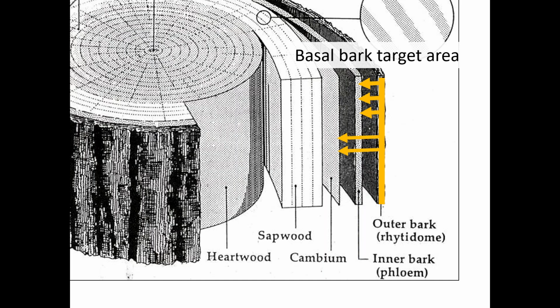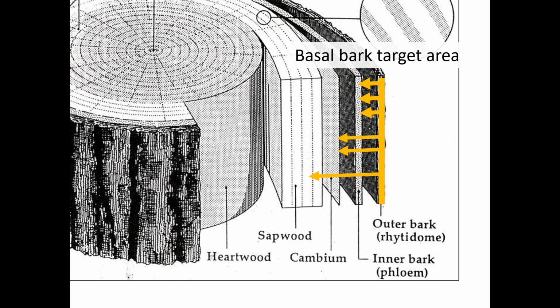It will also penetrate through the phloem all the way into the cambium, which is where it really begins to do its damage in terms of destroying the ability of that tree to produce new xylem and phloem. And some herbicide can actually move through the cambium all the way into the sapwood itself.